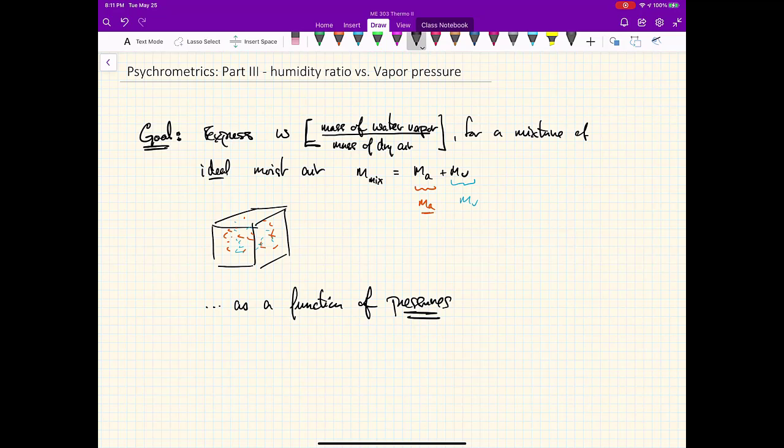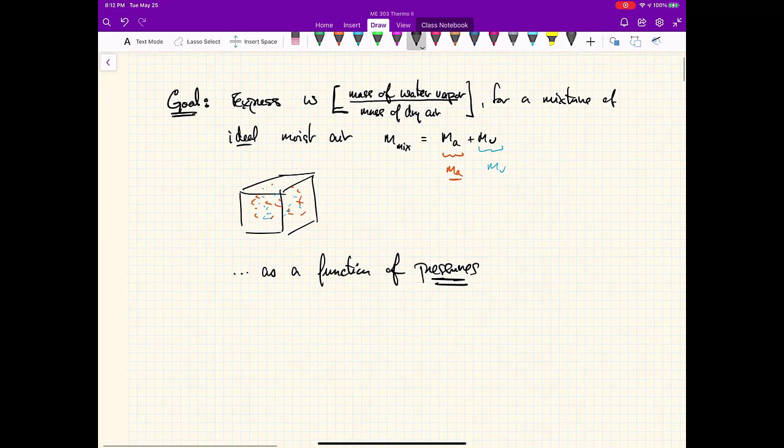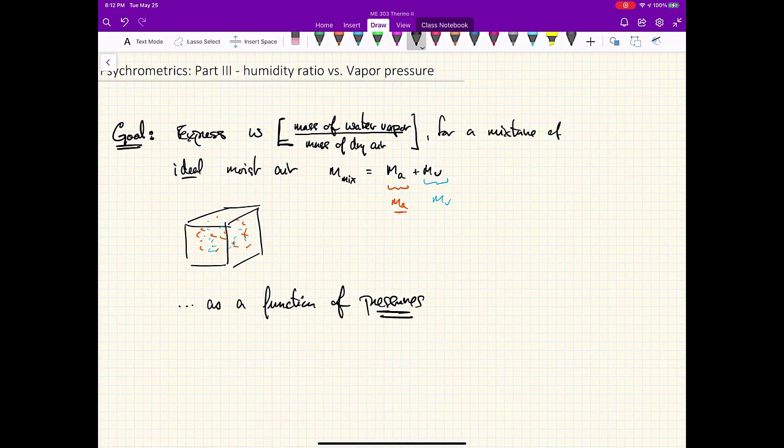We tend to measure the pressure of the air and of the vapor within the mixture more readily than the mass of vapor and the mass of air in that mixture, especially if we have not a closed system like I've got here, but an open system, where we're in fact looking at rates of movement of moist air through it, like we had before.